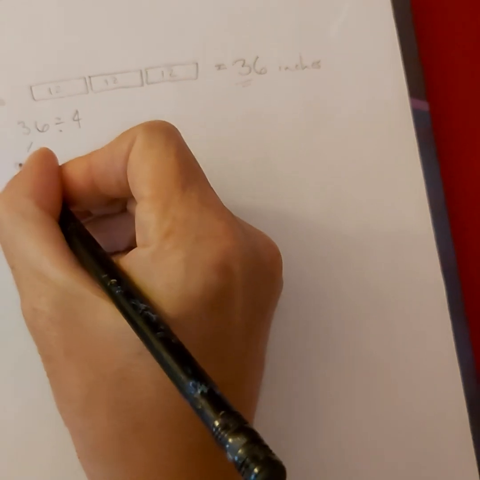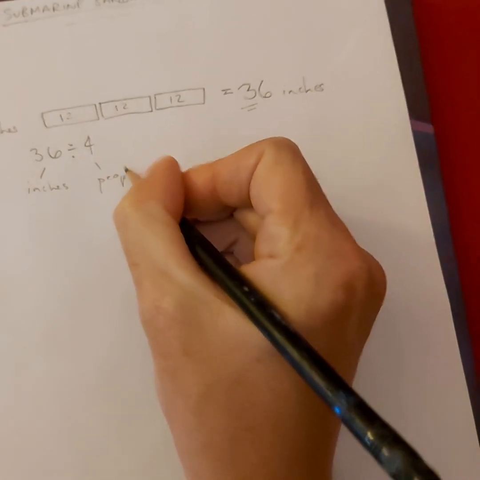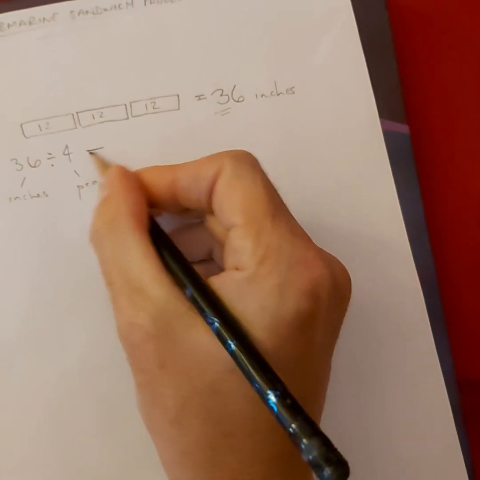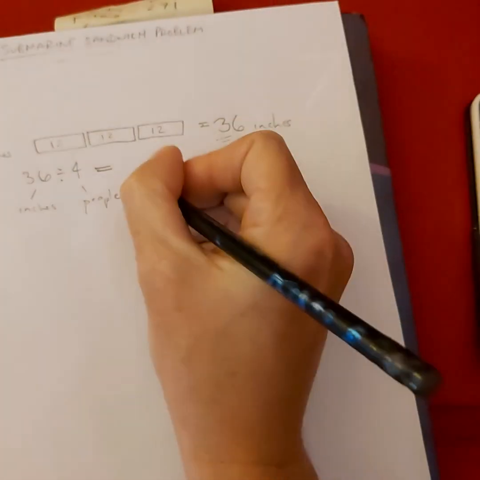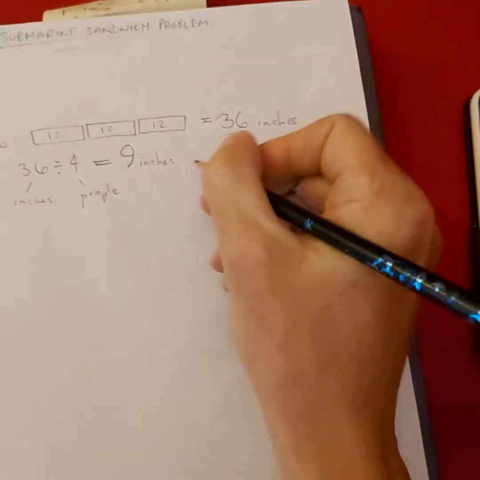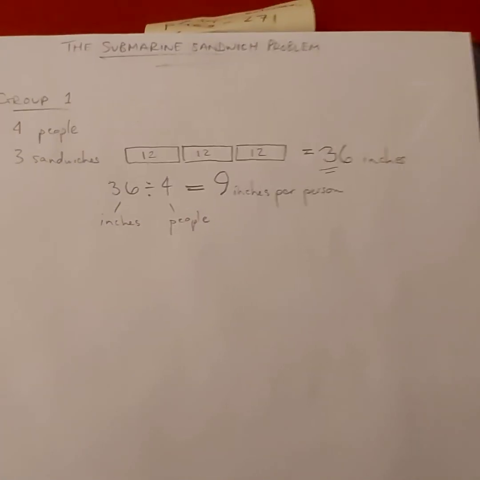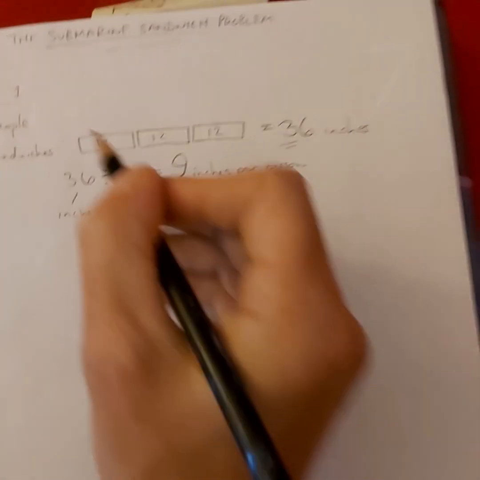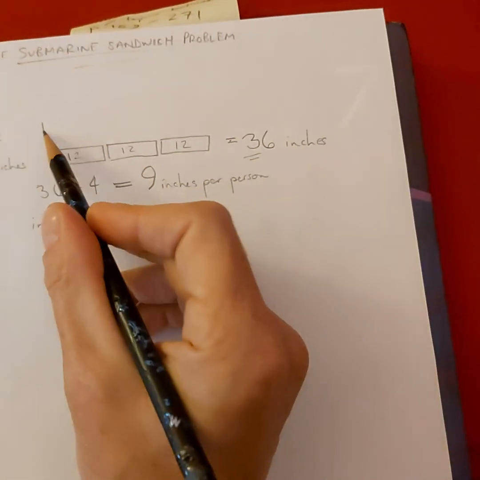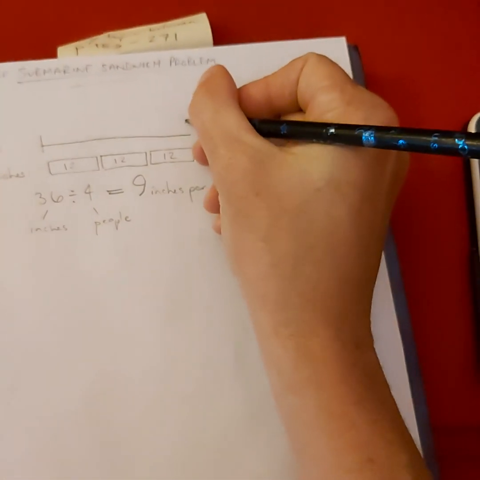So that's inches divided by people, and then we get a rate of 9 inches per person. So that one worked out pretty straightforward. Now we know that these 4 people are going to get 9 inches each of sandwich.